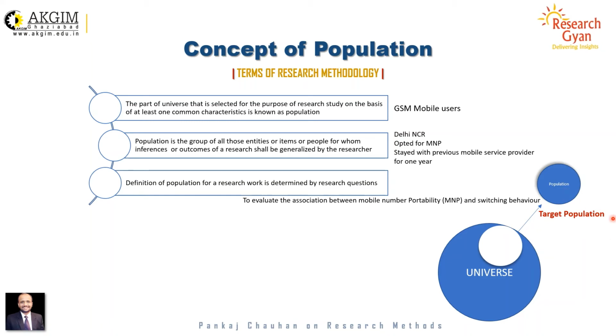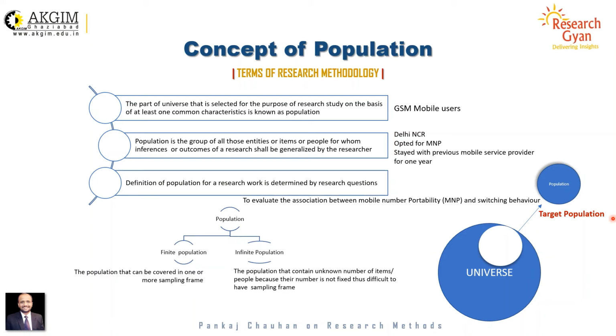In various research literature, population has been defined as finite population and infinite population. The population that has been covered in one or more sampling frames is finite population. Now, this sampling frame, which I have used over here, is nothing but a list of the population. So finite population can be enumerated, can be counted, because finite population contains a specific, identifiable and fixed number of people.